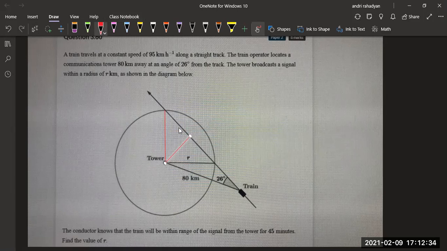Let's say this is perpendicular. So this is R.